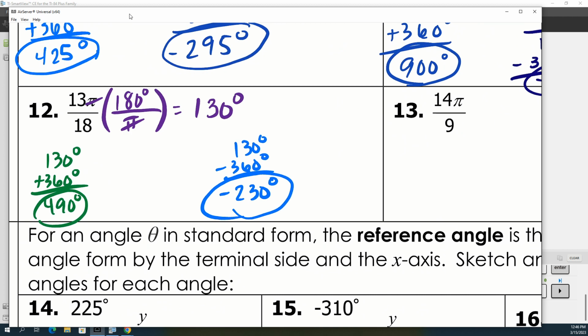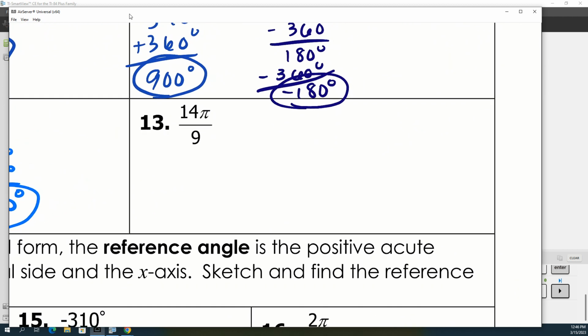All right, we'll do it one more time. So we'll change this one to degrees. All right, so you guys take 280 degrees for me, please, and find a positive and negative coterminal angle.